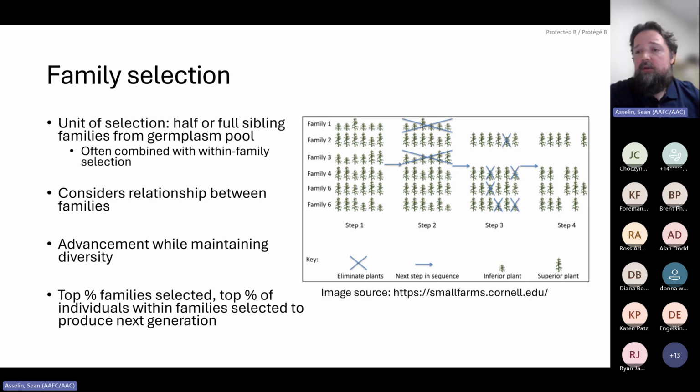And all those individuals are pooled together at the end to generate the next generation. And this is kind of a gentler way of making selections without being too stringent, without removing too much genetic diversity. And it's also a fairly effective way of making advancements under selection without losing all the genetic diversity in the population.